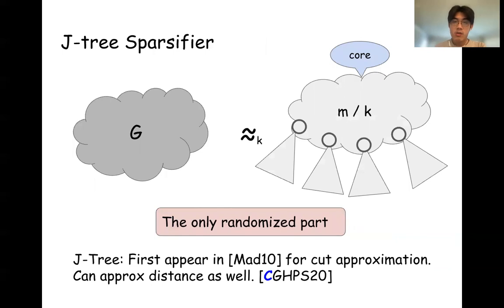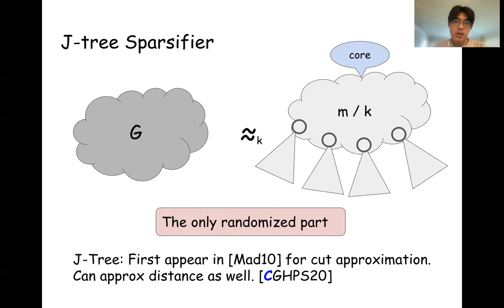And our work shows that we can construct a spectral approximation of quality K by a graph with simpler structure, that is a size n over k graph plus a bunch of trees. And this object is called the J tree.